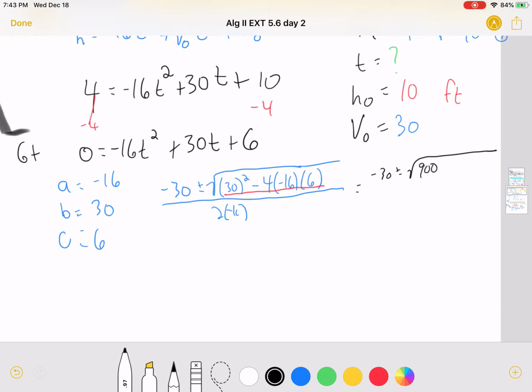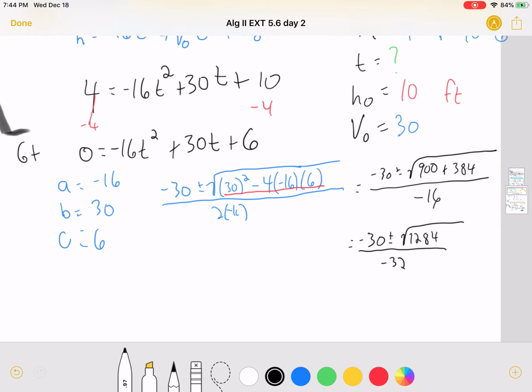Now I need to do negative 4 times negative 16 times 6, which would give me positive 384, all over negative 16. Now 900 plus 384 gives negative 30 plus or minus the square root of 1,284 all over negative 32.